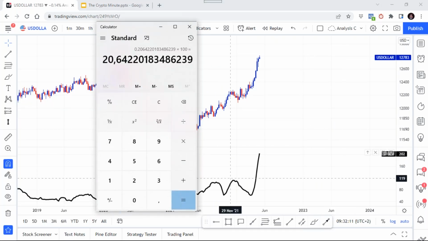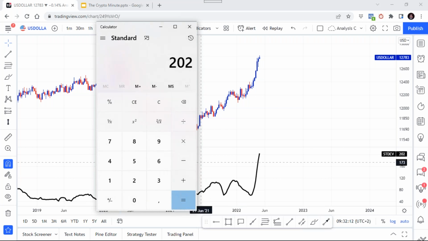So here we've got 202 divided by the US dollar value of 12,783, and that's the FXCM US dollar index. Let's put that into percentage terms. That's 1.5%, 1.6% if we want to round it off. 1.6 as opposed to 13, as opposed to 20%.